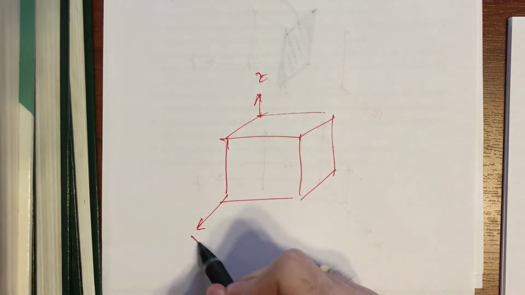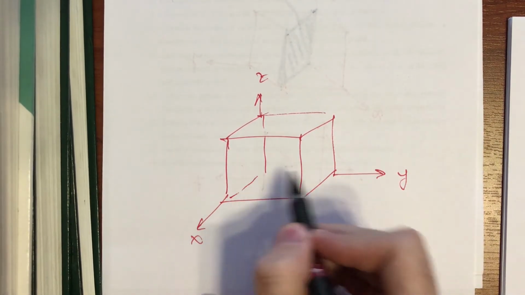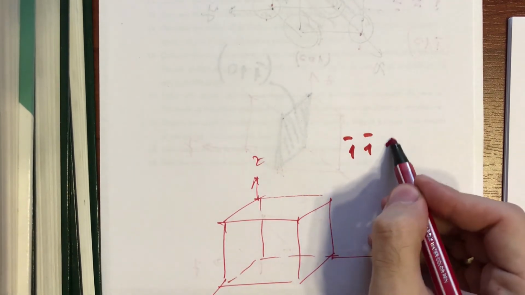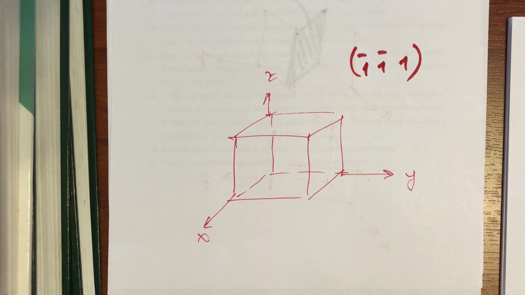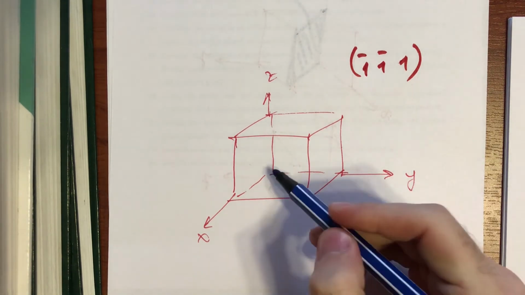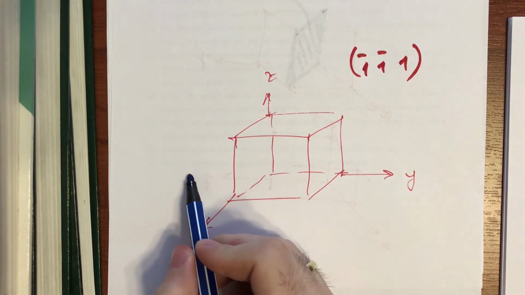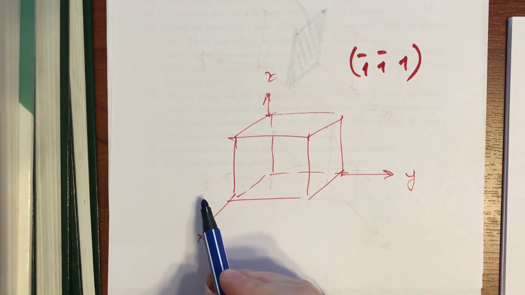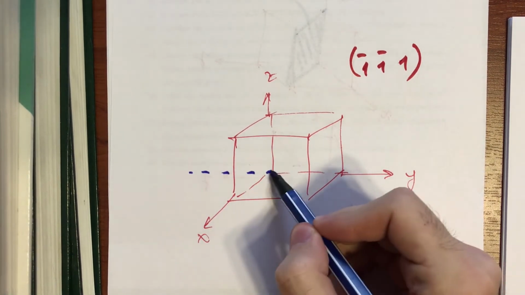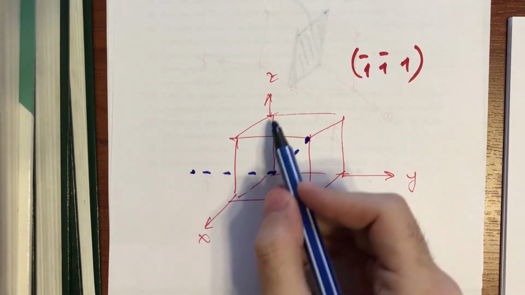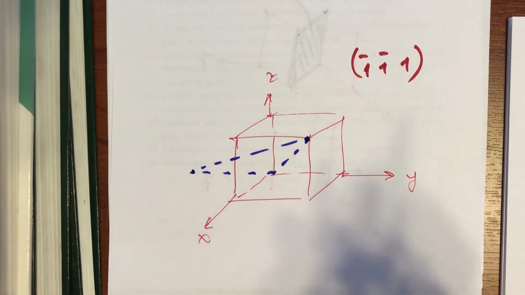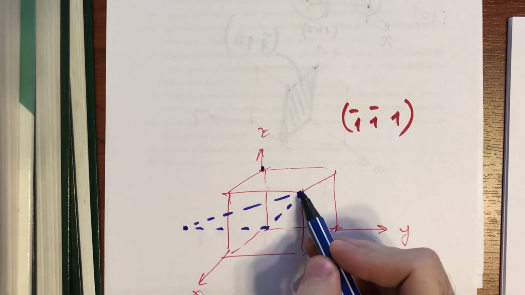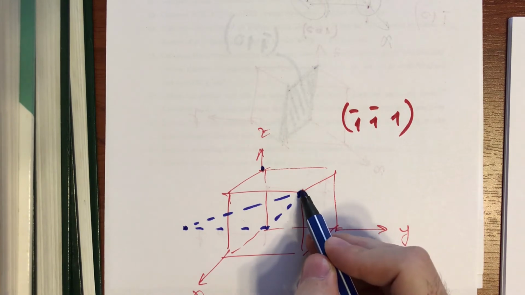Z, X, Y. Okay, minus 1, minus 1, 1. So go 1 unit X to the back, 1 unit Y to the back, and 1 unit Z upwards. So minus 1, minus 1, 1. If you draw it inside the cube, it's going to look something like this.